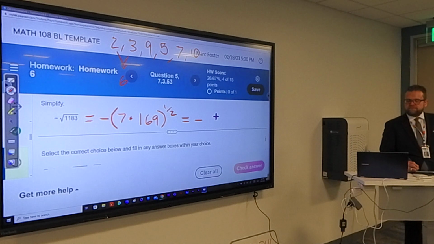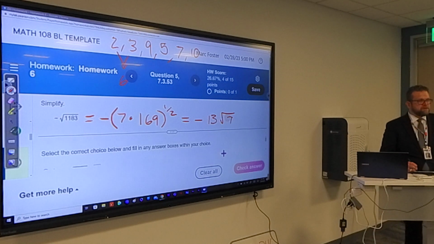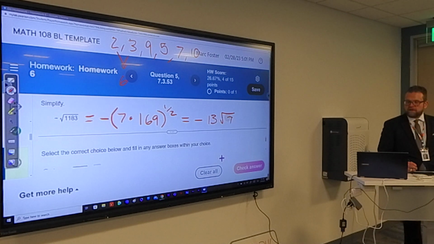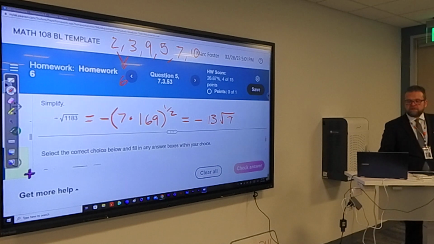So I have a negative 13 root 7. We get it? It's okay with everyone?